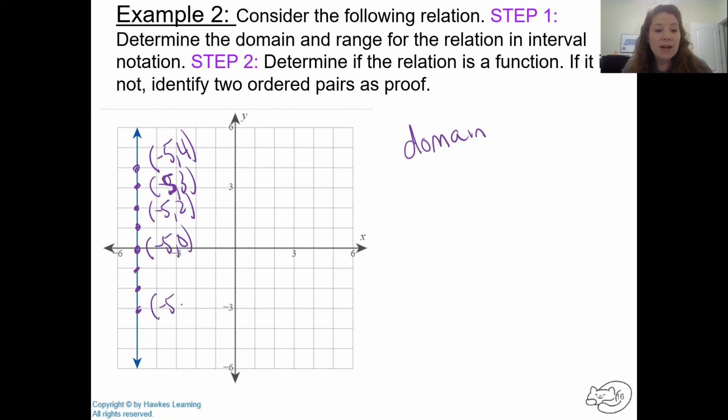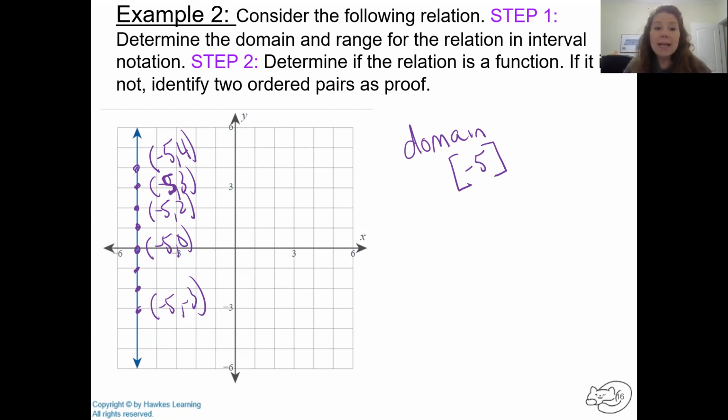This will be -5, -3, so on and so forth. So what is the only domain value? The only domain value is -5. That's it. So that goes in a bracket because that's the only one.